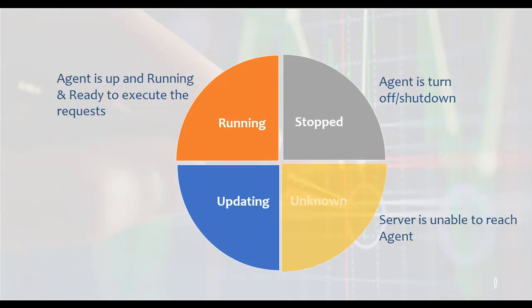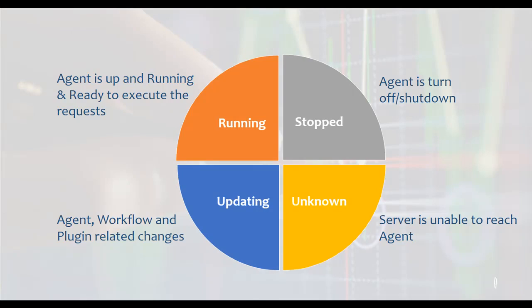The unknown state arises when the server is unable to establish communication or reach the agent. Lastly, when there are changes in the workflow plugin or the agent itself, the agent enters the updating state as it undergoes necessary updates. So, these states provide valuable insight into the current condition and functionality of the agent. Understanding the states will help in effectively managing and utilizing the agents.